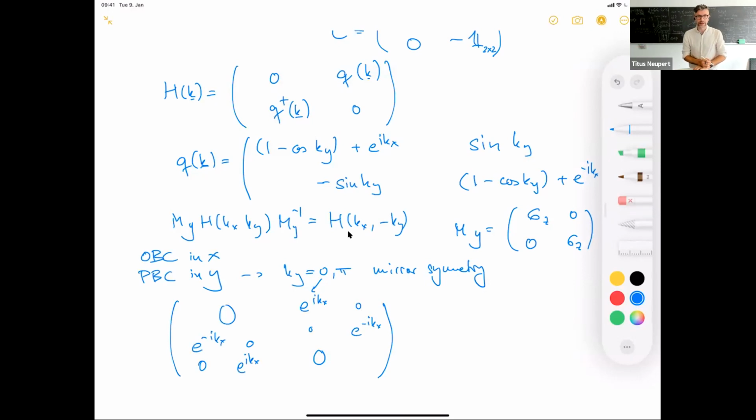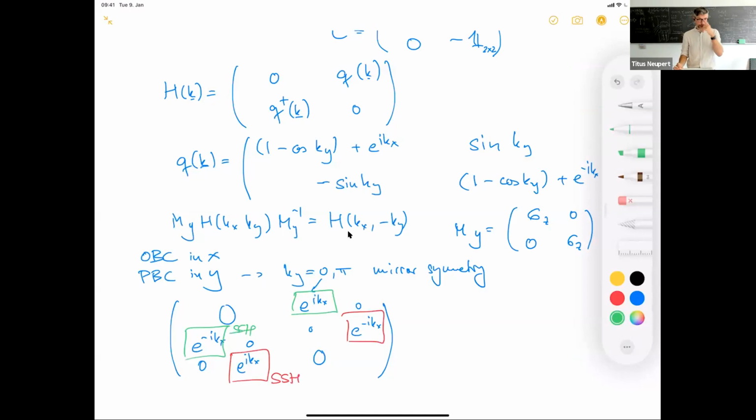It's actually two copies of an SSH chain, and each copy is happening in a different mirror subspace. So there is one SSH model here, which has this winding, and there is another SSH model here, and they are in different mirror subspaces.